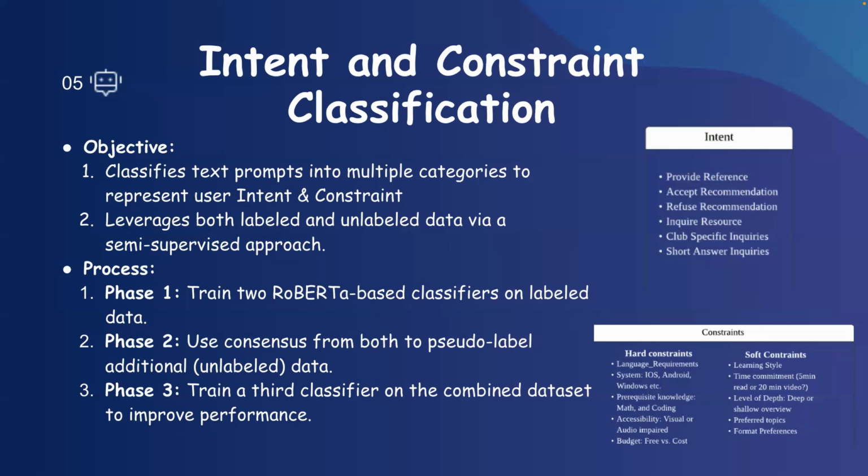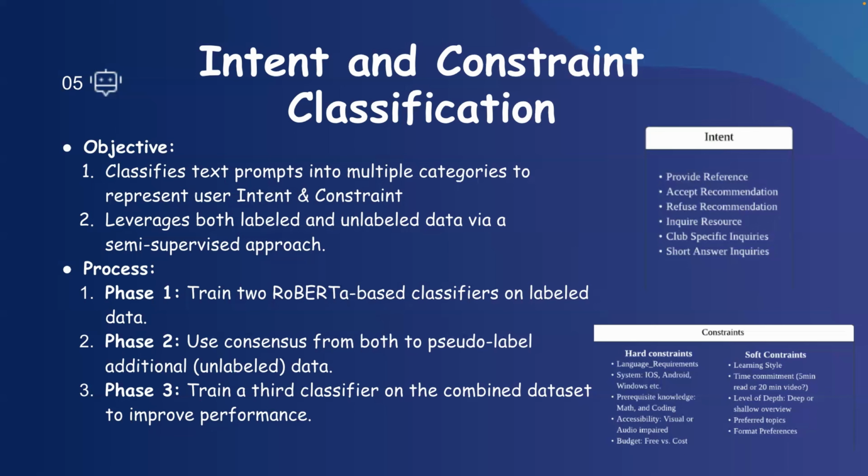And finally, we combine the original labeled data with the pseudo-labeled data and train a third and final classifier on the full data set. So this expanded training set improves the overall performance of the models. So in summary, we basically leveraged a semi-supervised strategy to build both models for intent and constraint classification.